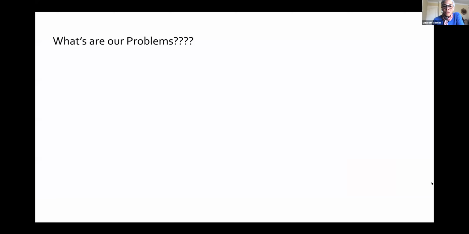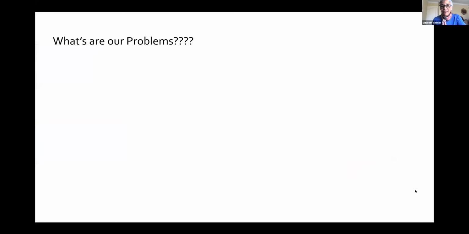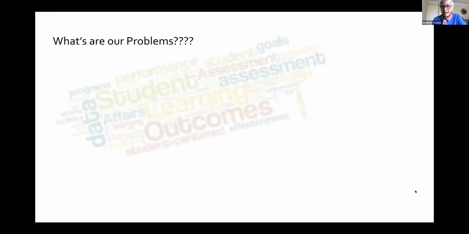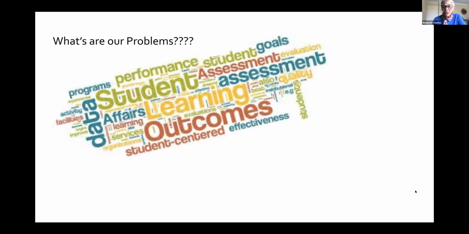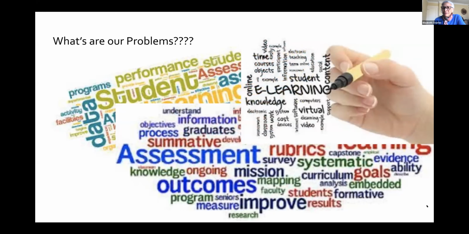So what are the problems that we have as educators, as professional development people? Things like assessing our students, understanding what the learning outcomes are, rubrics, evidence, mapping, improving. We also have new problems of e-learning and virtual learning and online learning.